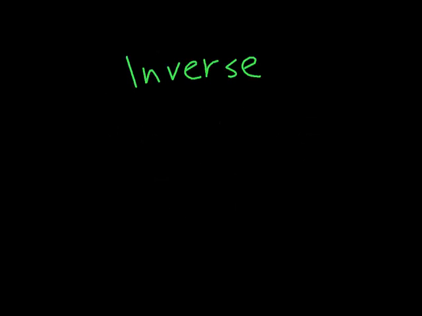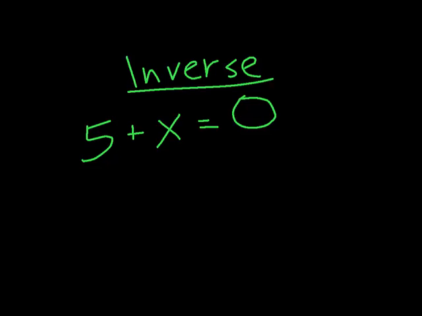So for inverse, I'm going to go ahead and ditch the A, B, and C and just use something that looks a lot like this. 5 plus x equals 0. And all the inverse property is saying for addition is that, hey, we've got 5 over here.